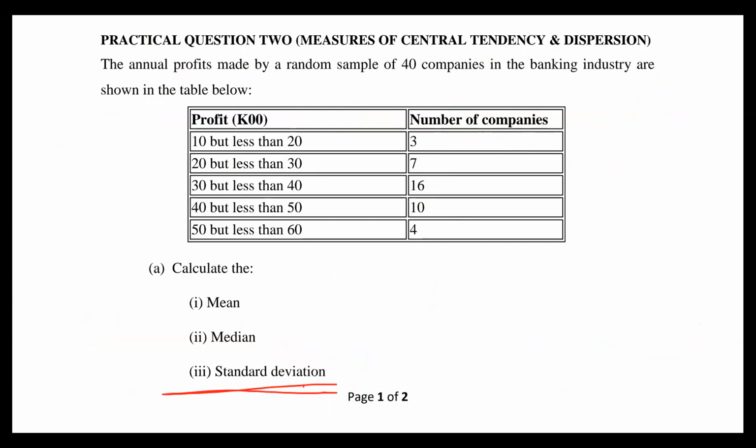So the 90 that we just found is the mode, which means that 90 is the number with the highest frequency in the data set. Remember, these are profits.